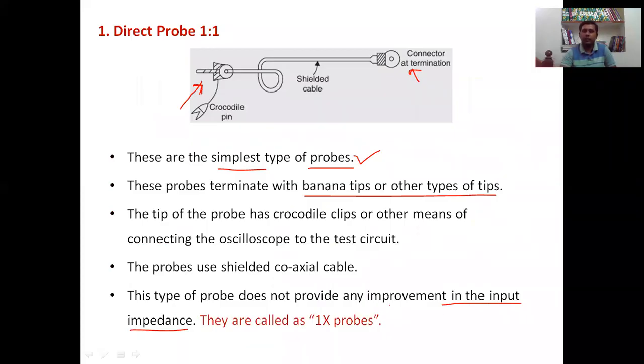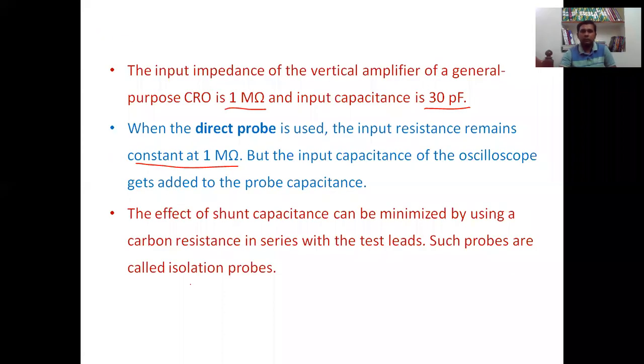Continuing, when the direct probe is used, the CRO input impedance remains constant, 1 mega ohm, as it is. There is no change.